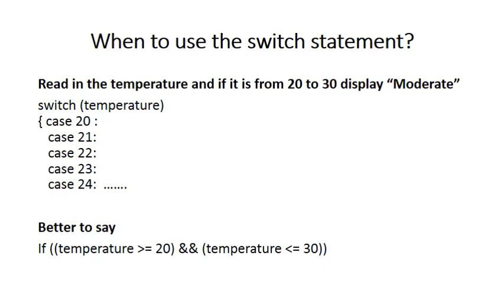Clearly that is not a very effective way of coding, so it would simply be better to say if temperature is greater than or equal to 20 and temperature is less than or equal to 30. So you don't use the switch statement if you have a long range of values that determines the same action.